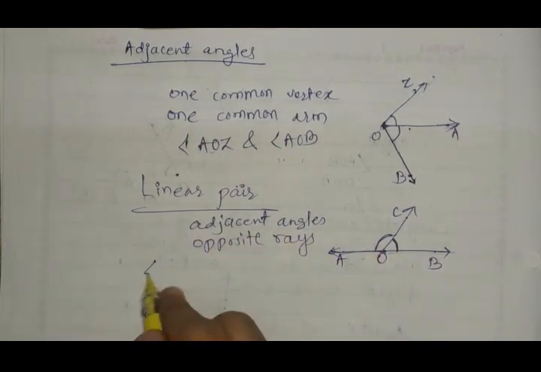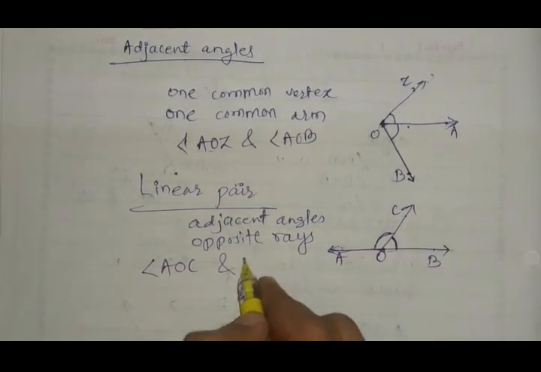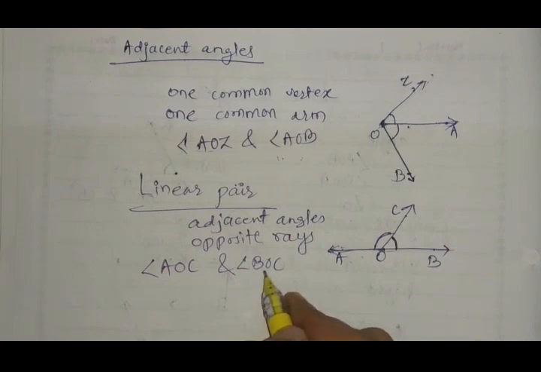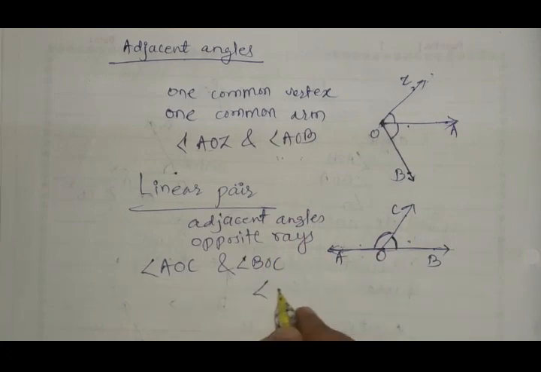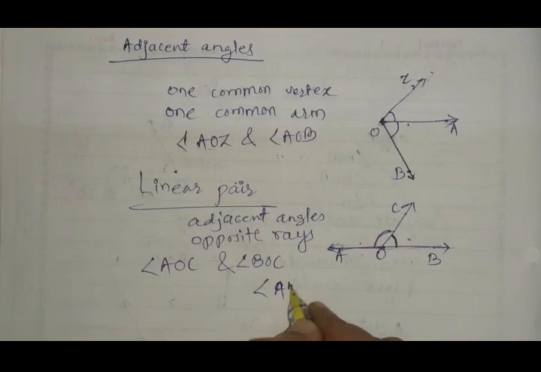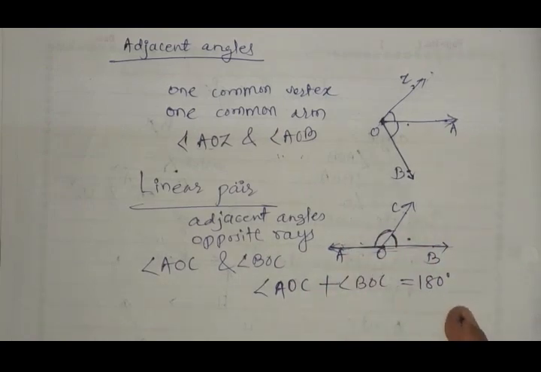So here you can see angle AOC and angle BOC are a linear pair, and we know the sum of adjacent angles on one side of a straight line is 180. So angle AOC plus angle BOC is 180 degree.